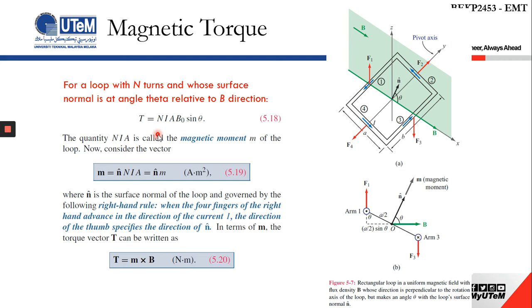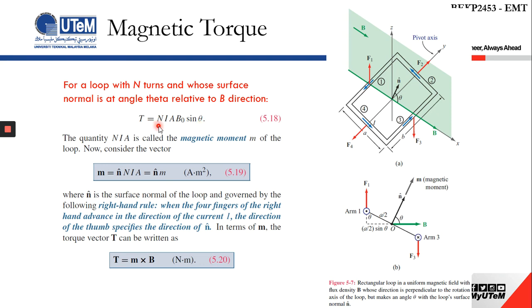So if we have a loop with N number of turns and we have a surface area A here, we can calculate the magnitude of the torque using this equation: N I A B naught sine theta.